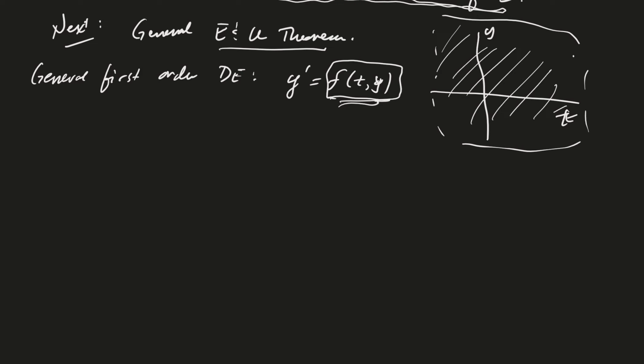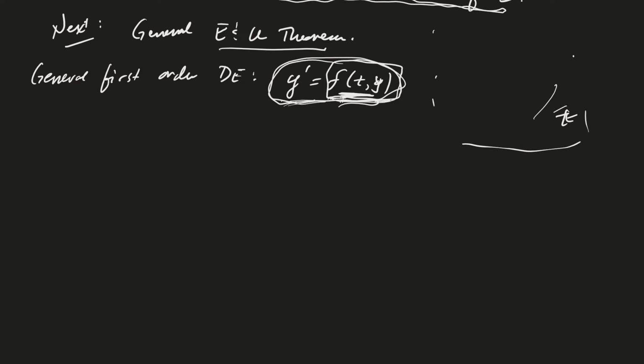But it's written this way because we do have a two-dimensional domain. And so when you're looking at a differential equation, be sure you're thinking about put it in this form before you do your analysis, because this form defines what your f is going to be.